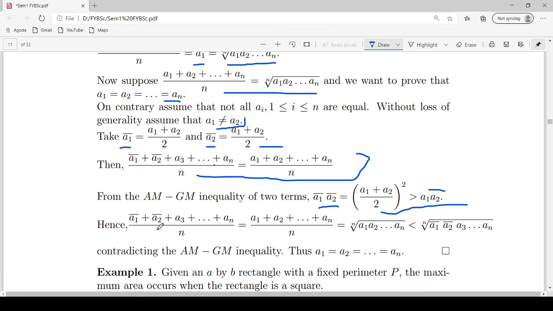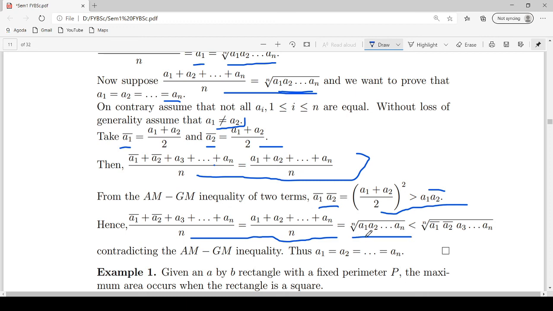Now consider the arithmetic mean of a1 bar, a2 bar, a3 up to an, and we already know it is equal to the arithmetic mean of a1, a2, an. Now the arithmetic mean of a1, a2, an we have assumed is equal to the geometric mean of a1, a2, an. That we have already assumed. So (a1 + a2 + up to an) upon n is equal to the nth root of the product a1, a2, an.